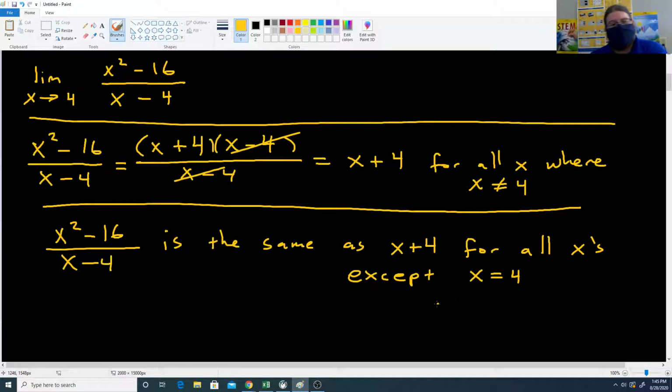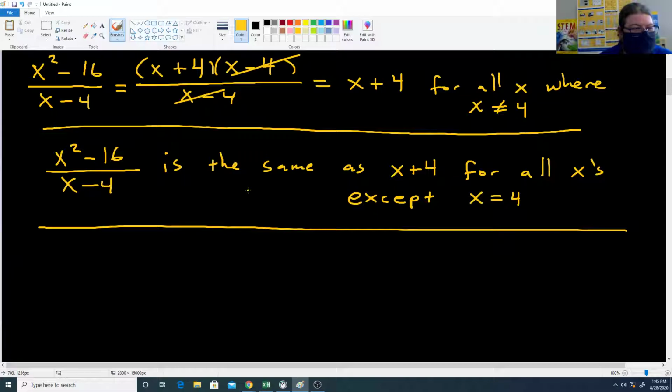As long as you are an x value that is not equal to 4, x squared minus 16 over x minus 4 is the same as x plus 4 for every single x that isn't 4. And if you remember, the limit doesn't depend on the function value itself.